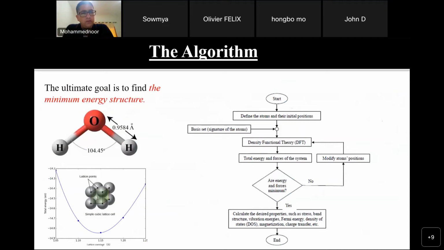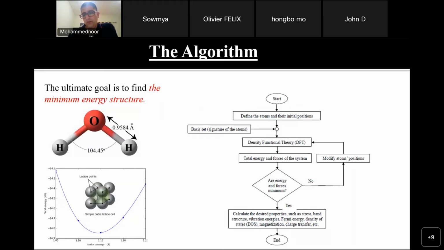So what's the ultimate goal? The ultimate goal in DFT is to find the minimum energy structure. So this is the algorithm for DFT. This is what students implement. We start with a known geometry. Then we define the initial position, and then the software or the calculation algorithm tries to find the minimum energy structure.